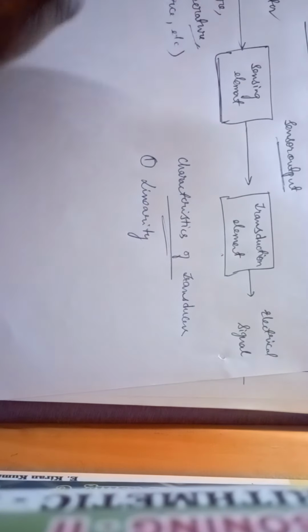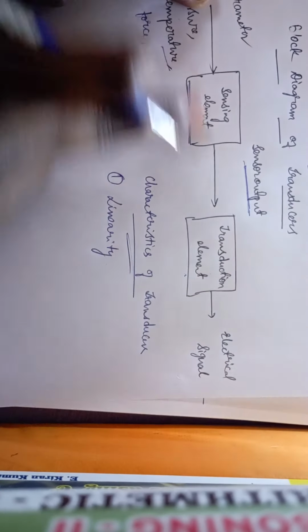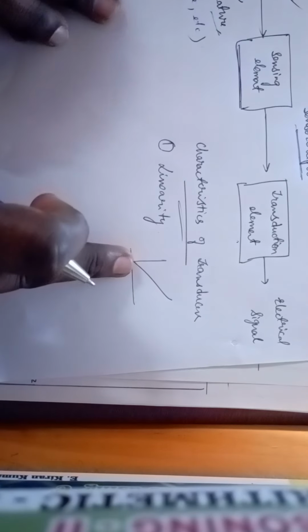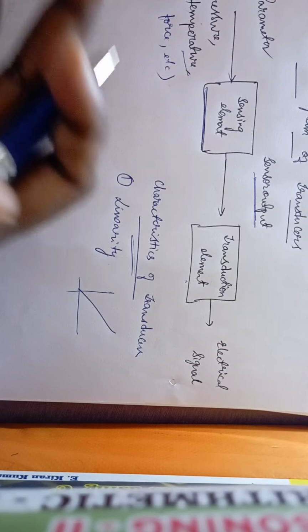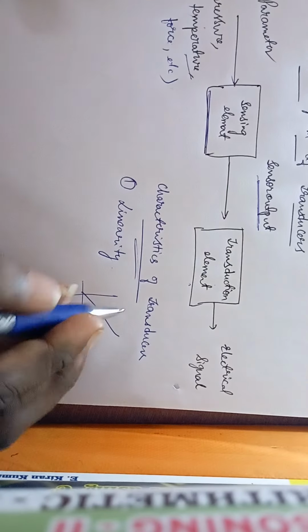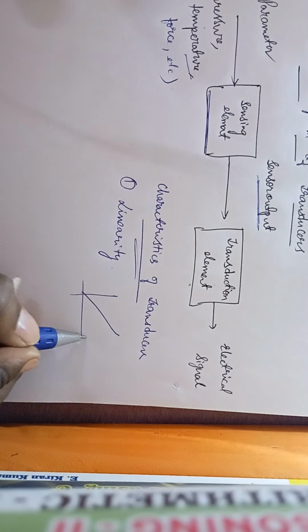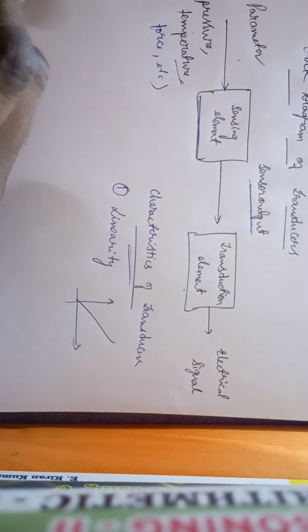Linearity means the relationship between the physical parameters and the resulting electrical output should increase linearly. However much the physical parameter changes, similarly the output of your electrical signal should change linearly with it. So there has to be a linear relationship between your parameters and the electrical signal.